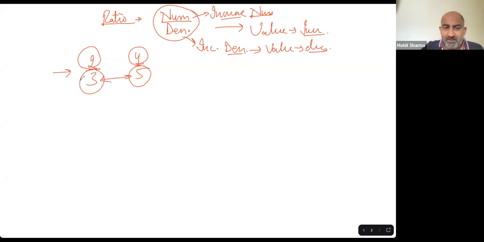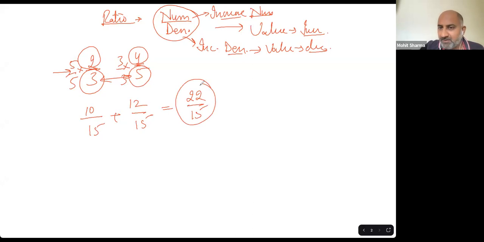In order to do that, you multiply and divide this by 5, and you multiply and divide this by 3. So 10 by 15 and 12 by 15, you can simply add them to make it 22 upon 15. As simple as that. You don't take LCM and all those things. That's time-consuming.